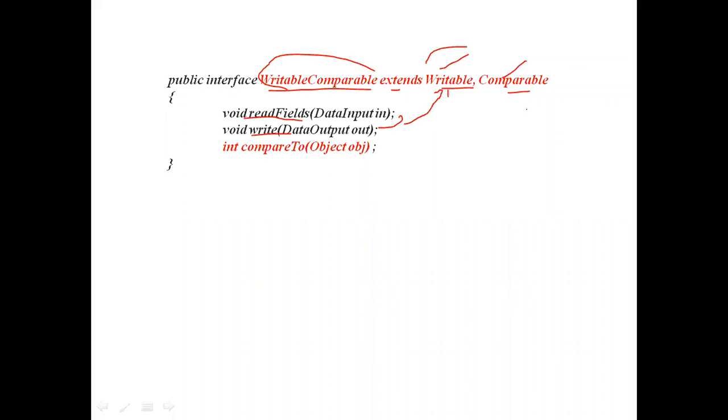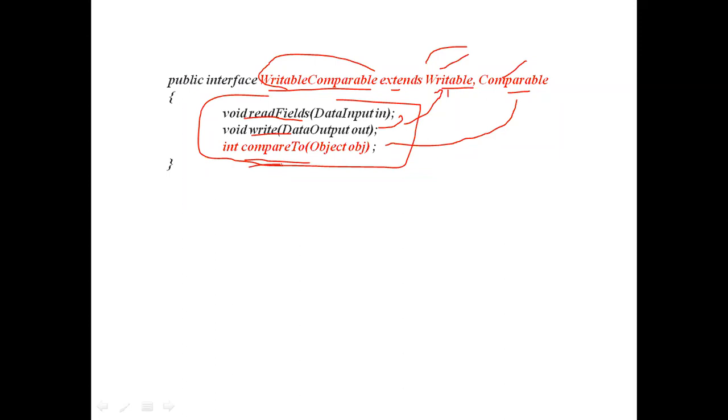And from the Java comparable interface, it gets one method called compareTo, which belongs to the java.lang.Comparable interface. So totally, writable comparable contains three methods: readFields to implement deserialization, write to implement serialization, and compareTo to compare the objects.